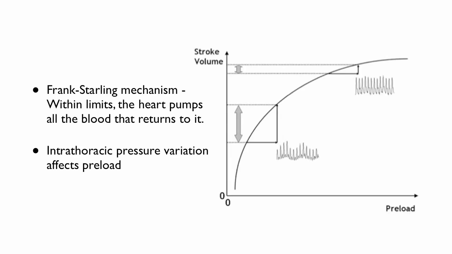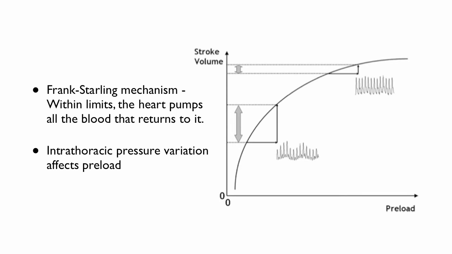Now, what we're really trying to work out is who are the patients that would benefit from getting extra fluid, or particularly getting a fluid bolus. If you remember this Frank-Starling mechanism, that within limits, the heart pumps all the blood that's returned to it. And you remember these Frank-Starling curves. Sometimes they're drawn different ways. So this one has preload along the bottom, which should probably be myocardial fibre length or end diastolic volume.